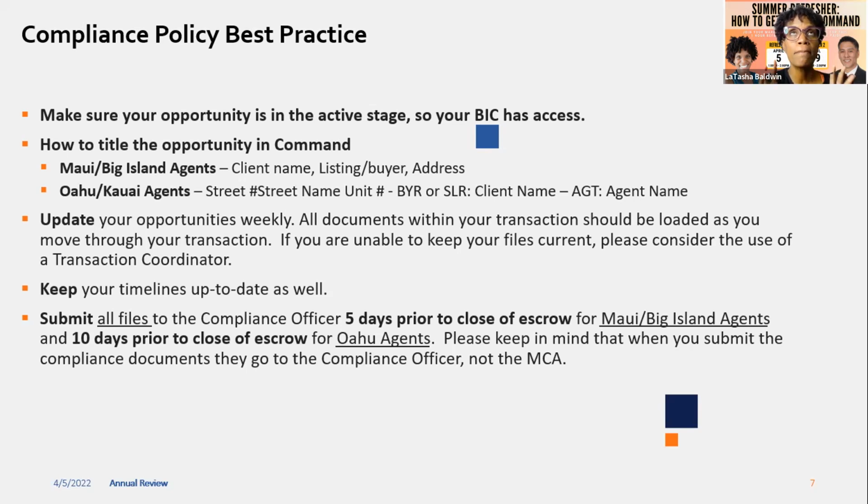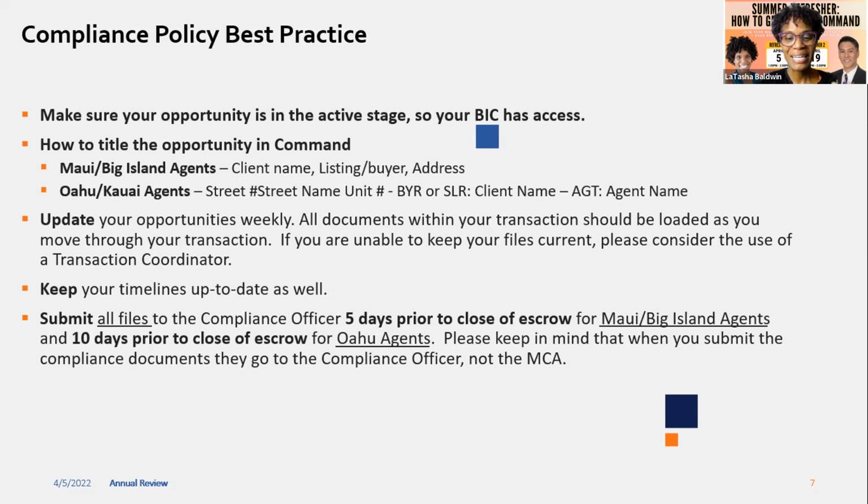And here is the biggest thing about compliance. For Maui, it's a little different than Oahu. So Maui and Big Island agents, we ask that you submit all files. When you have files, and we'll show you this, there's going to be 3 envelopes or folders, if you will.